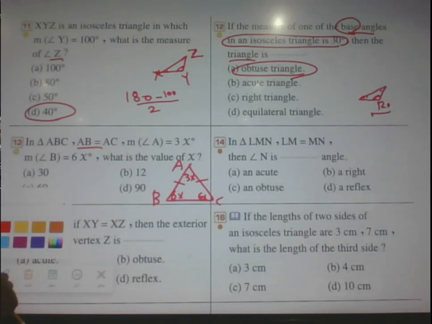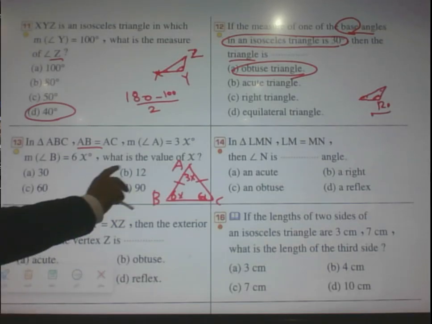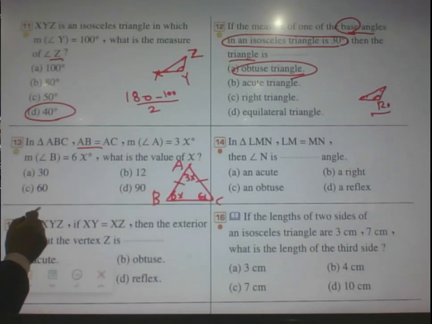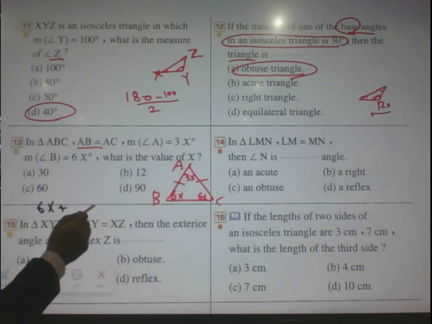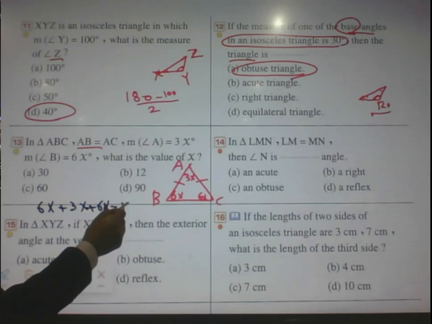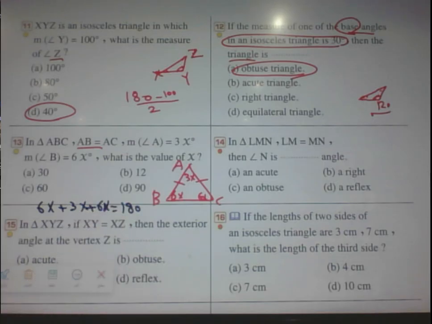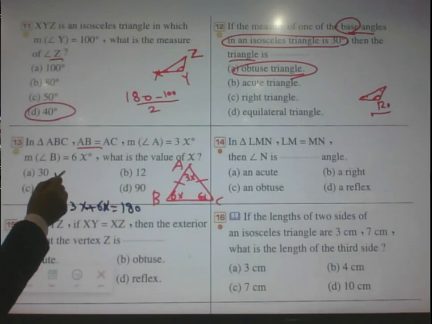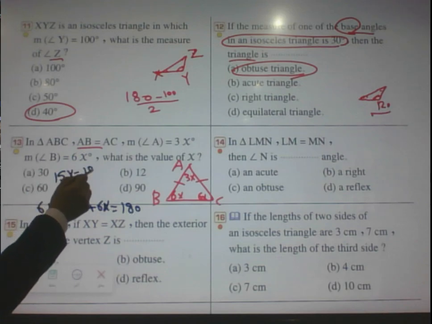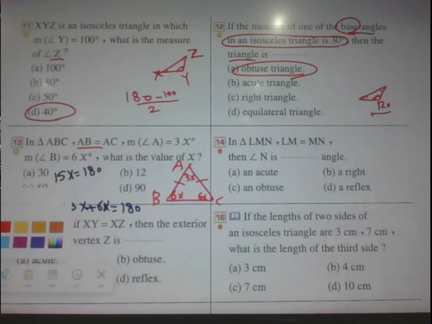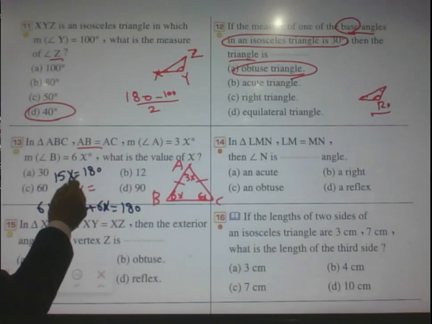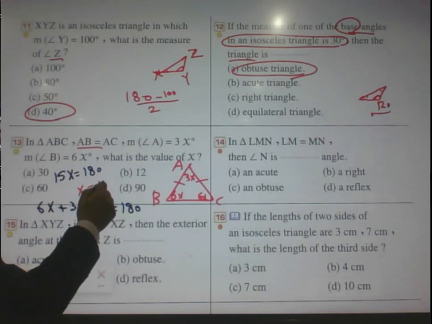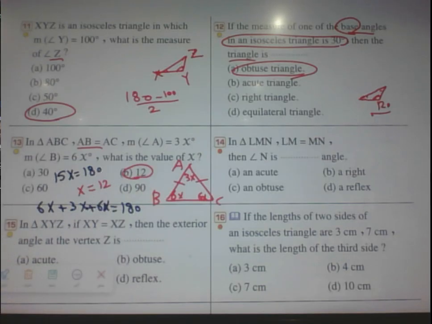We can solve this example by this information. The sum of interior angles in a triangle equals 180. Then we can write 6x plus 3x plus 6x equals 180. 6 plus 6 is 12, plus 3 is 15. Then 15x equals 180, and x equals 180 divided by 15, which is 12. The value of x equals 12.